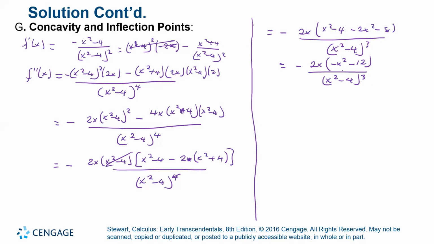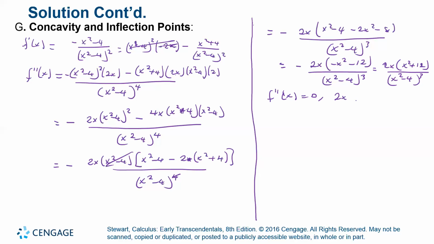If I pull out the negative again, that is going to be 2x, then x squared plus 12, over x squared minus 4 all to the third. So if you set f prime prime of x to 0, that gives me just the numerator equal to 0.